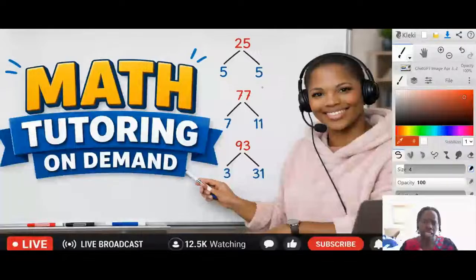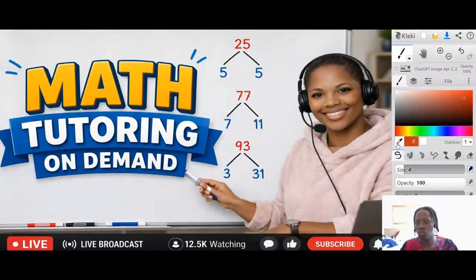And I just want to cover up this math tutoring on demand so that we can see the whiteboard more clearly and get some things going.